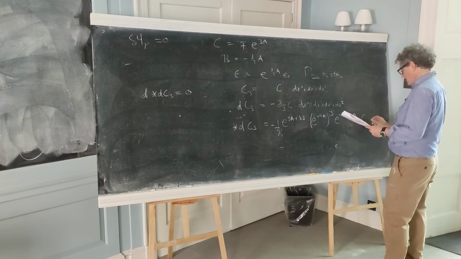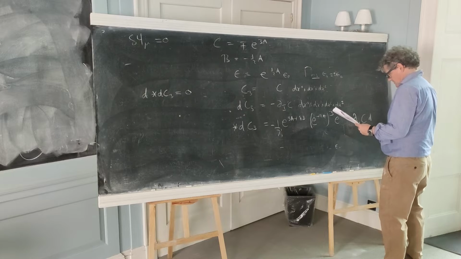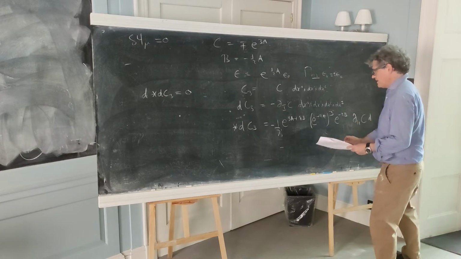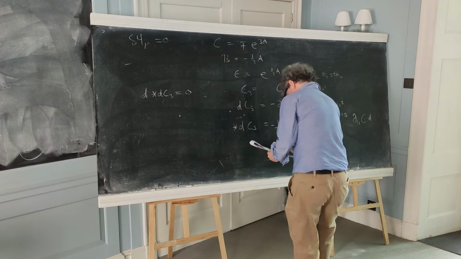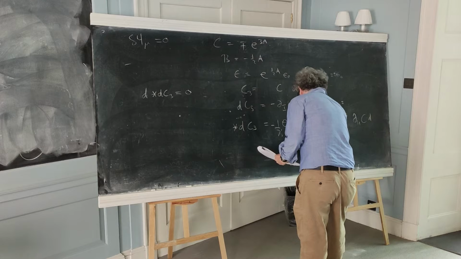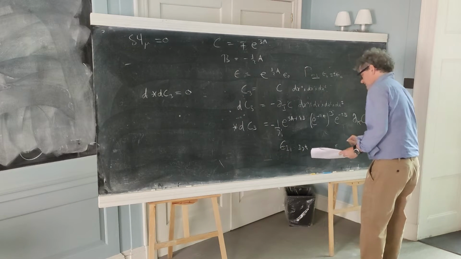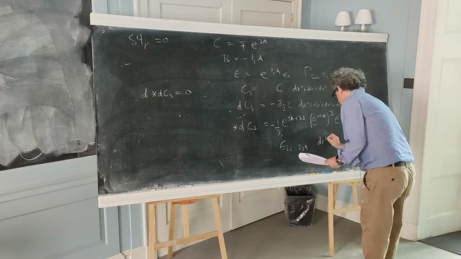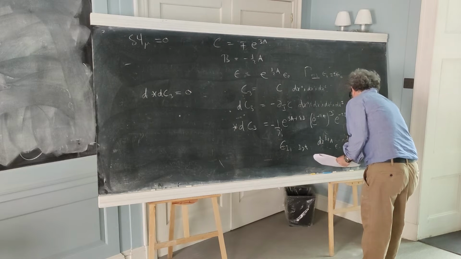And then, what is it? I need some more room. There's an epsilon, and it's going to be I1 to I7 k. There's a k here hitting the derivative, and then I've got my dx I1 wedge dx I7.